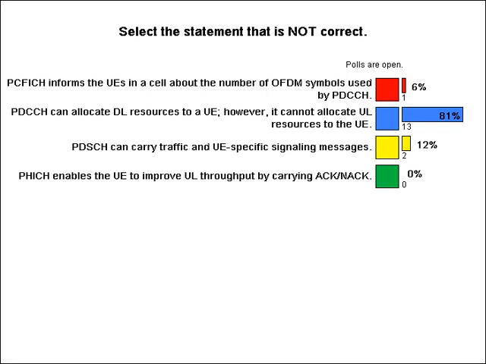So we cannot choose that as our answer. The second one, control channel allocates both the downlink resources and uplink resources. So here we are saying that, oh, it cannot allocate uplink resources. That is not true. So option number 2 is not a correct statement. So we need to choose that as our answer.